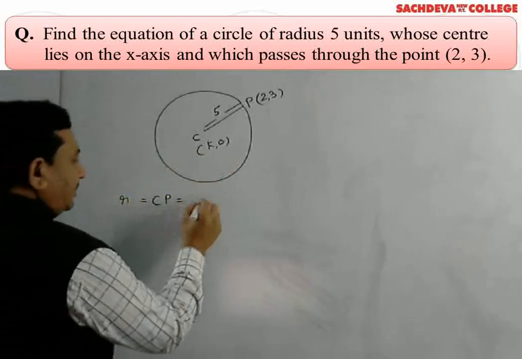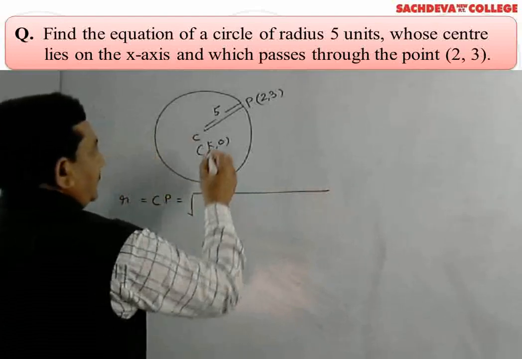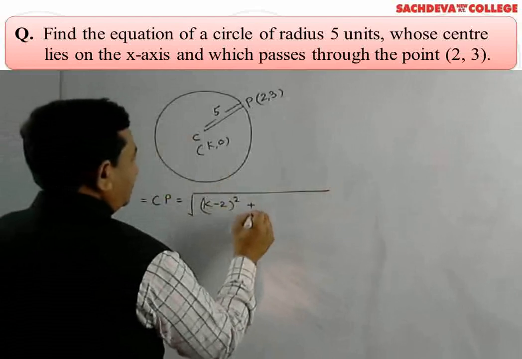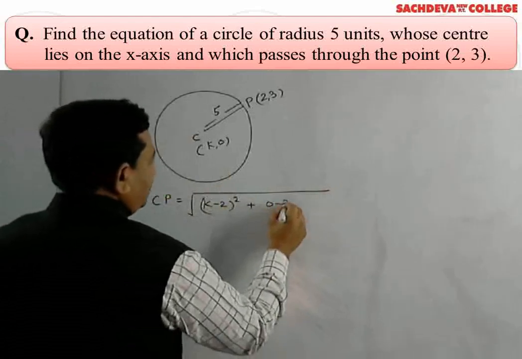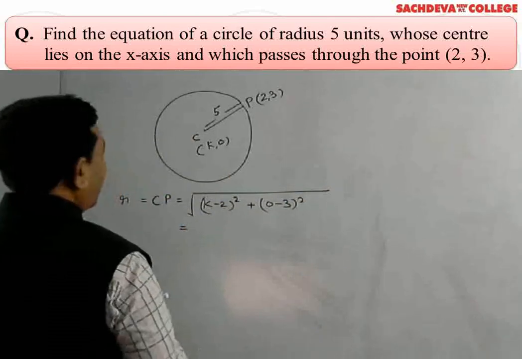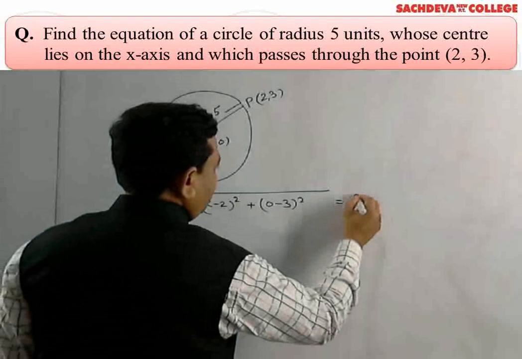So CP will be equal to the square root of (k minus 2) whole squared plus (0 minus 3) whole squared. Given that r is 5 here, this is equal to 5.